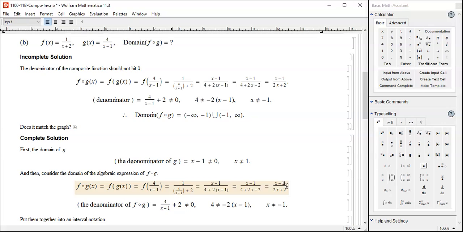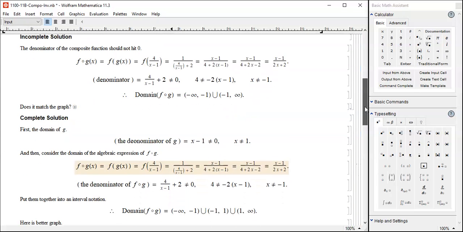So when x equals 1, g of x is not well defined, so g of 1 is not well defined, but still, f circle g of x, that algebraic expression is valid. So one is going directly from the x value to the z value, bypassing the function g. So this kind of thing can happen here.